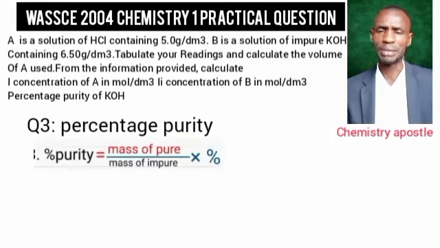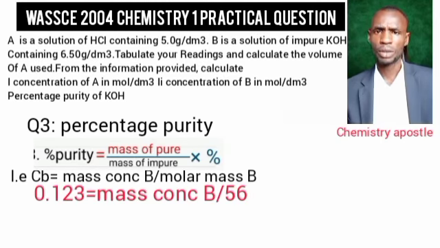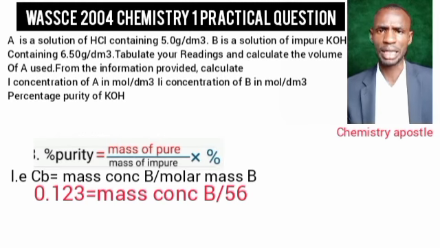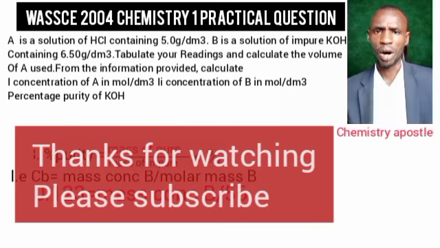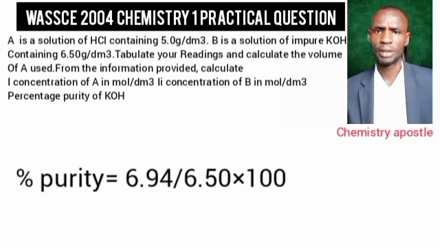So we must firstly get the mass conc of pure B. In the question we are not given the mass conc of pure B, so we are going to calculate it, and we can easily get that by using molarity of B is equal to mass conc of B divided by molar mass. After getting that, we substitute the mass conc that we just calculated into the formula, all over the mass of impure that we were given, multiplied by 100.